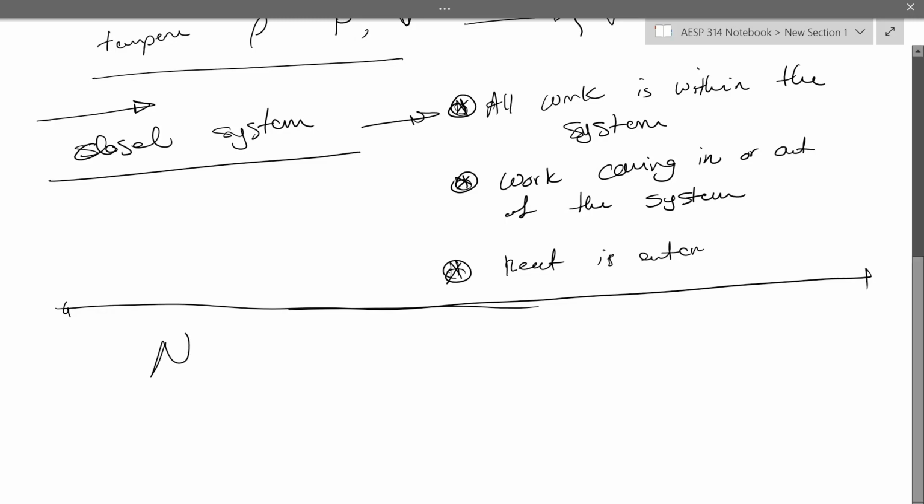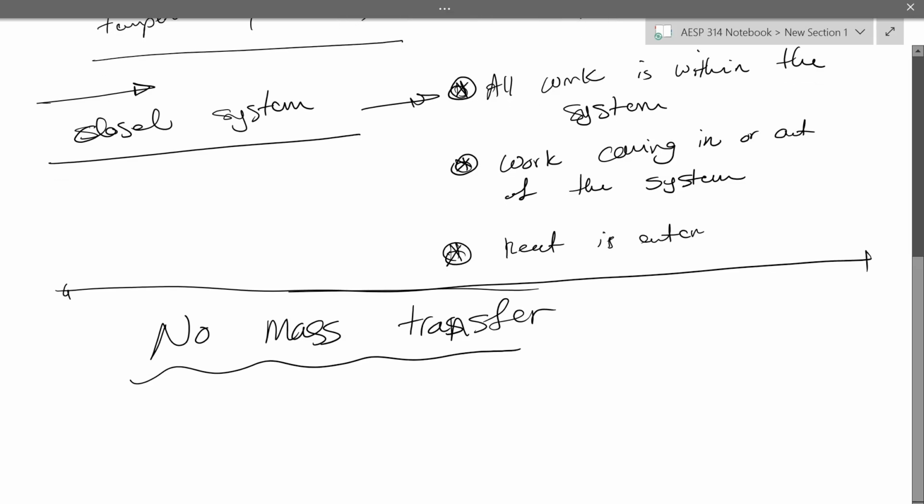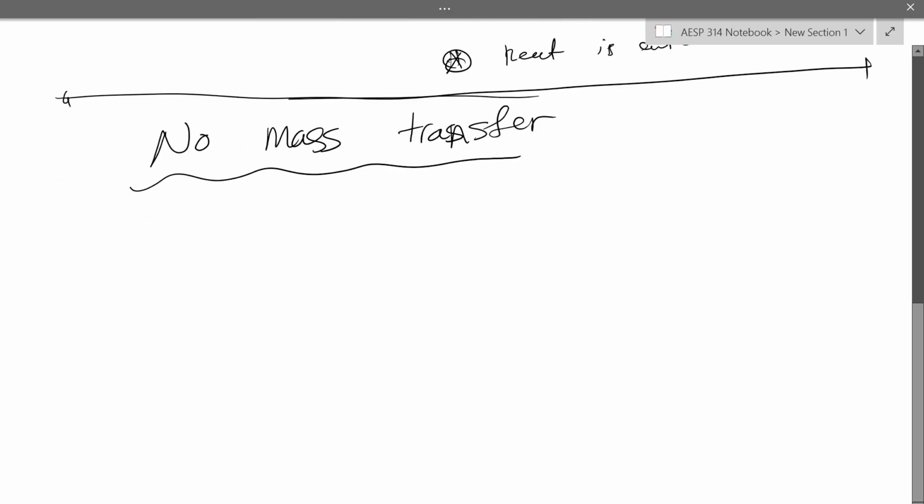There is no mass transfer. So the boundaries of a closed system are closed to mass transfer. Work can be done on the system or done by the system on its surrounding, right? Heat can come into the system or go out of the system. We can heat the system up, or the system can heat up the surrounding.